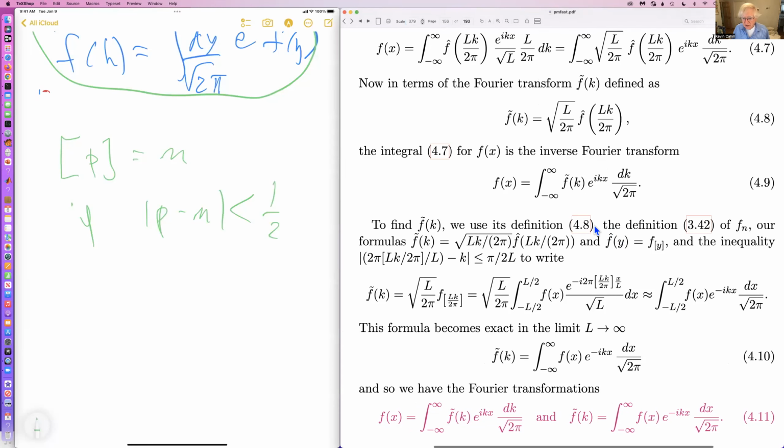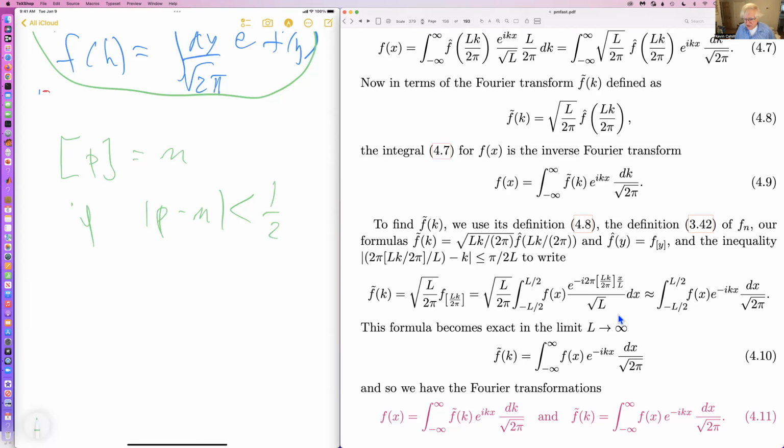And so what we then have is that f tilde of k, which starts out as this, then f sub the nearest integer to Lk over 2 pi, well, that is just as an ordinary Fourier series term, it's this integral.